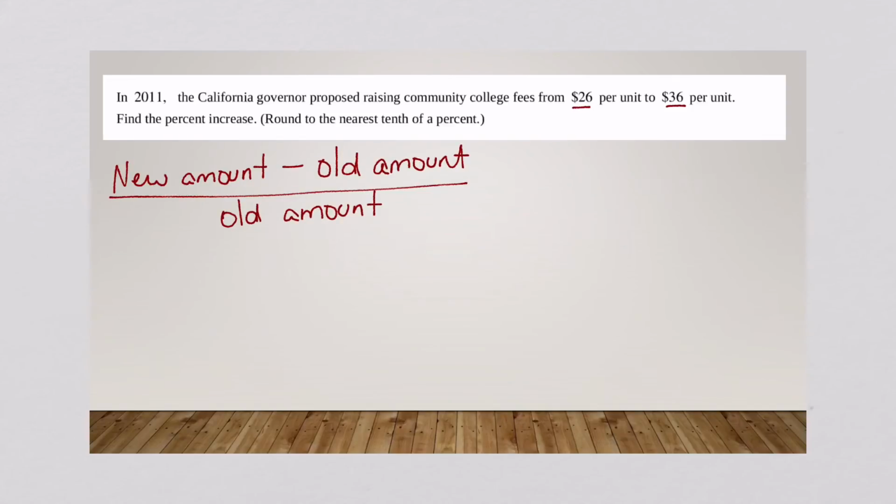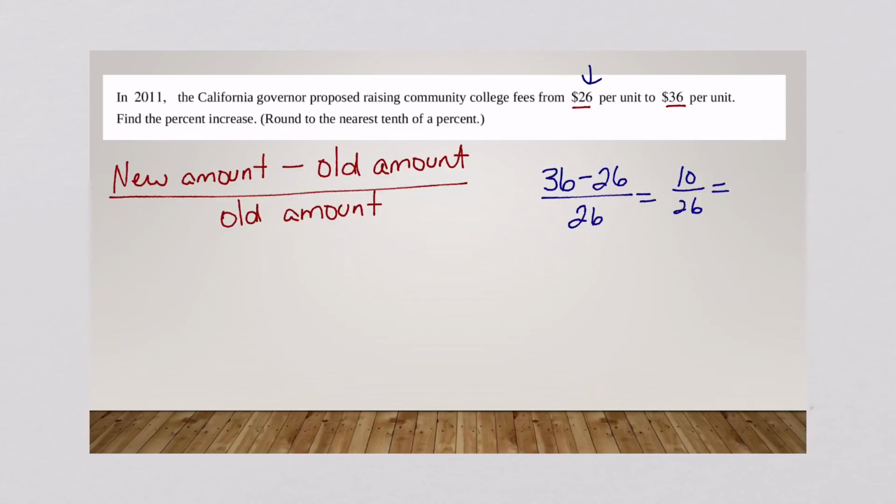So the new amount is 36. So 36 minus 26, and I have to divide by the old amount, which is 26. And whenever I do that math on my calculator, first I subtract, so I would do 10 over 26.